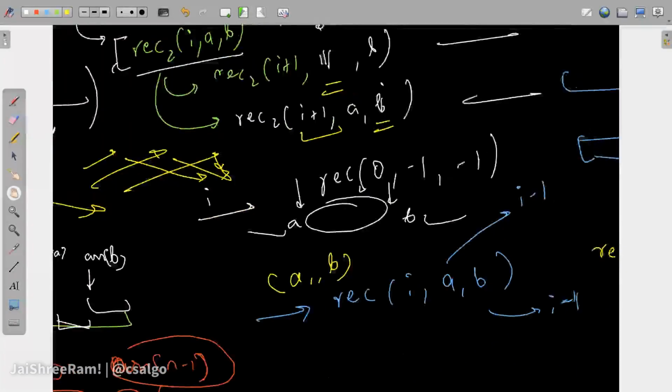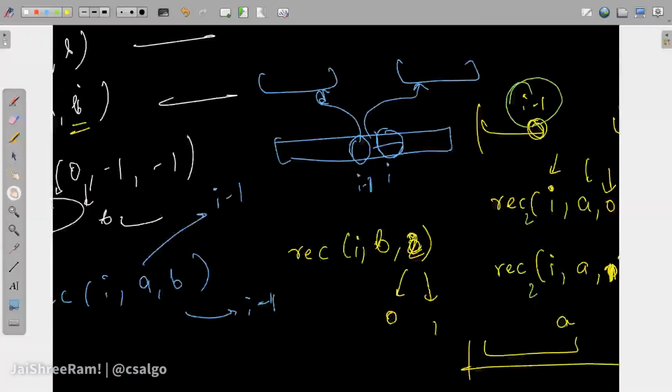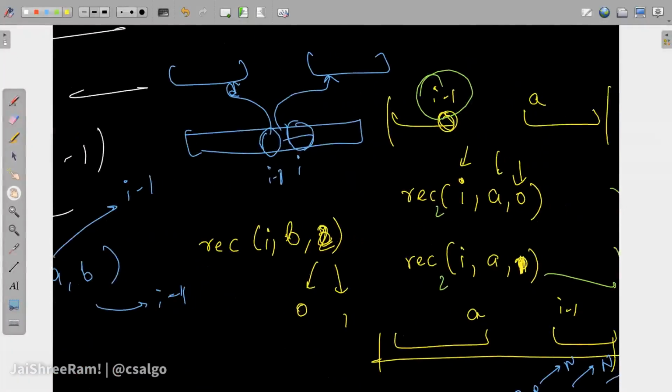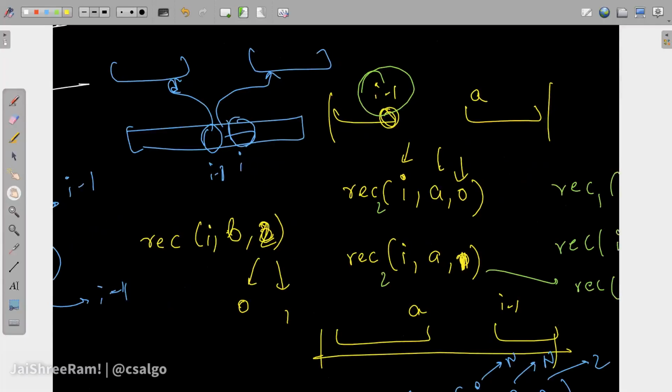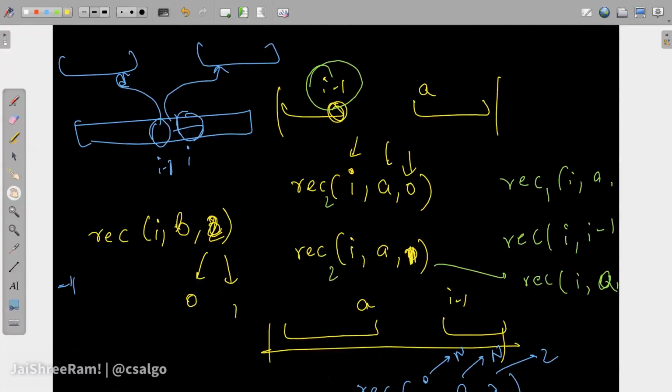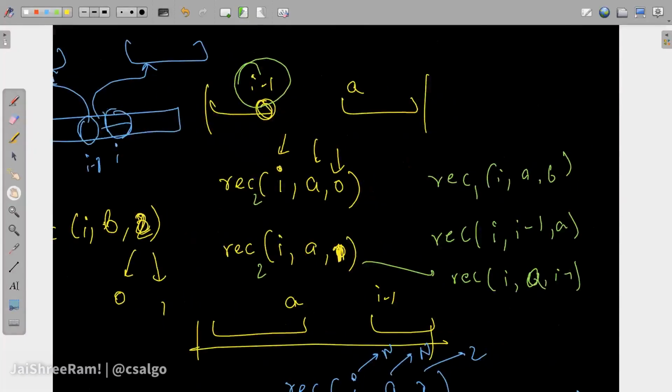So from this, I can keep dp of i comma a comma 0 or 1, which means that 0 means i minus 1 was placed on the front side, so i minus 1 is over here and a is at the end, or the other one is either a is over here or i minus 1 is over here, right?